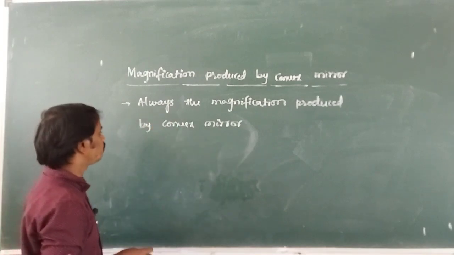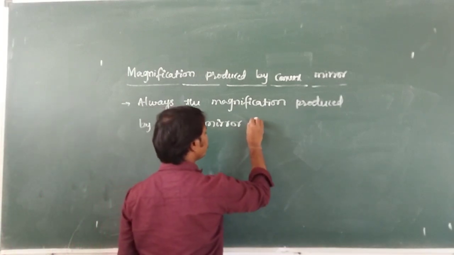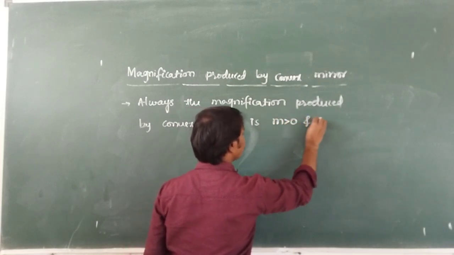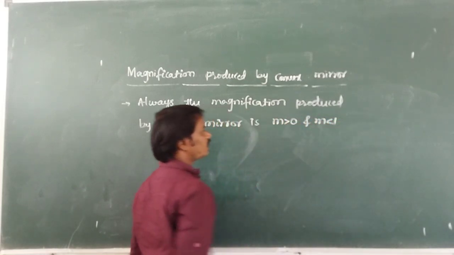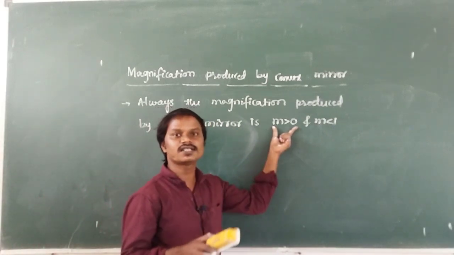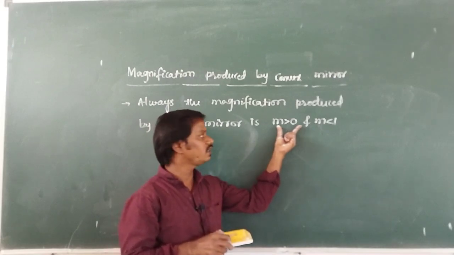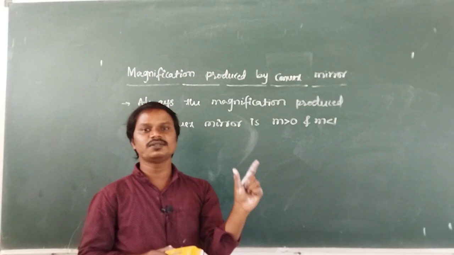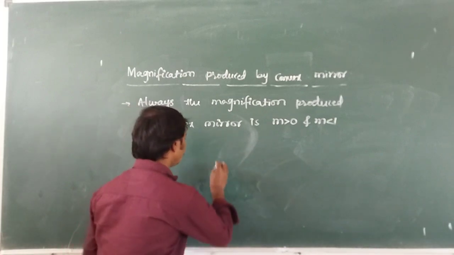Always the magnification produced by a convex mirror is greater than 0 and less than 1. Greater than 0 means the nature of the image is virtual and erect. Less than 1 means the image is diminished, means the height of the image is less than the height of the object.